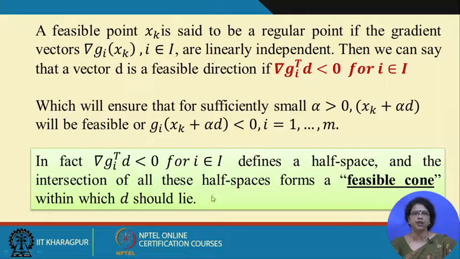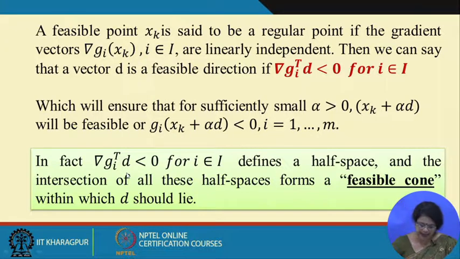Then we can show that every constraint, grad Gi dot d, that is the inner product, being less than 0 makes a half space. If we consider the half spaces of all active constraints, then it will form a feasible cone.